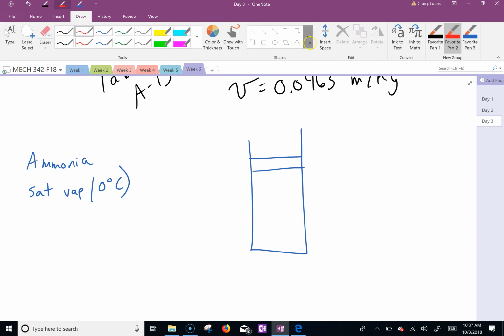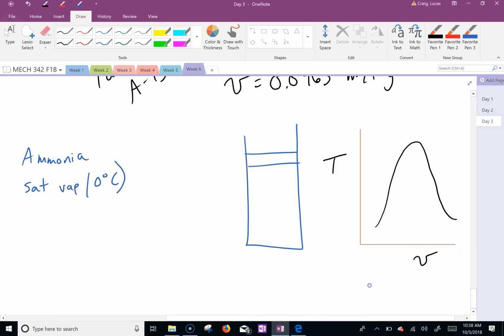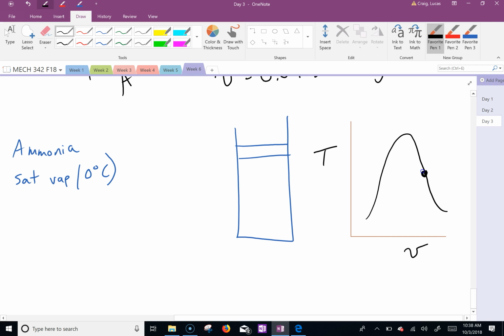So let's make this nice sketch over here. Saturated vapor, right? On the line, yep. It undergoes an isothermal process in which the volume doubles.